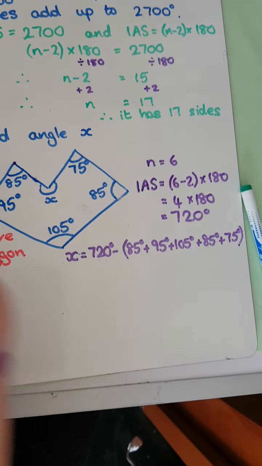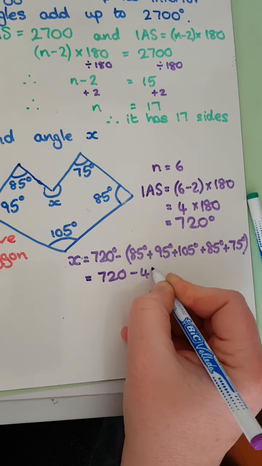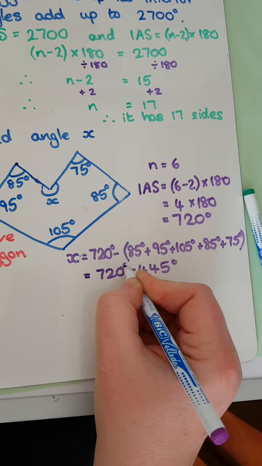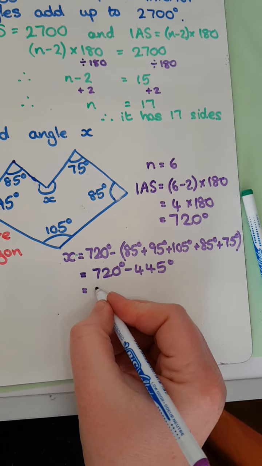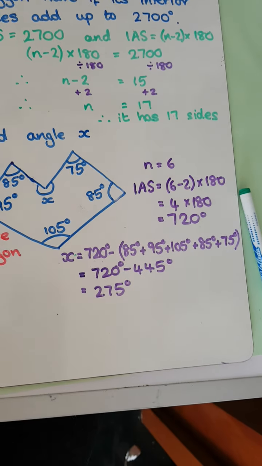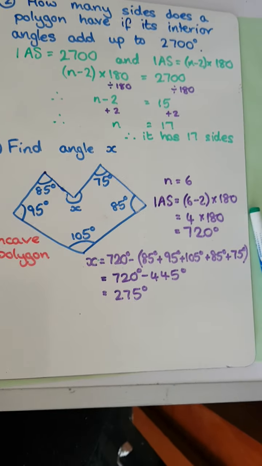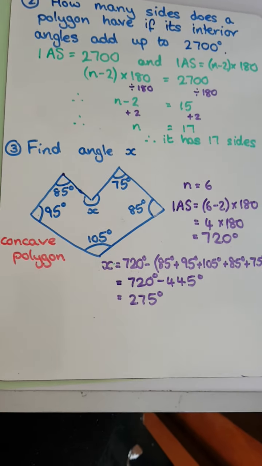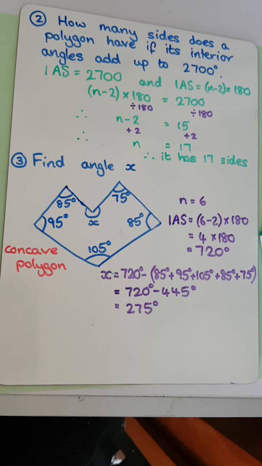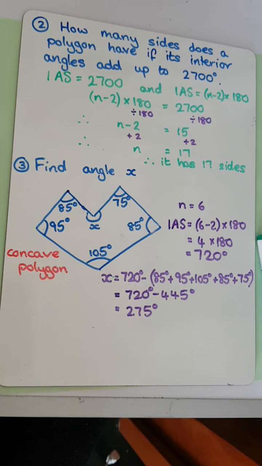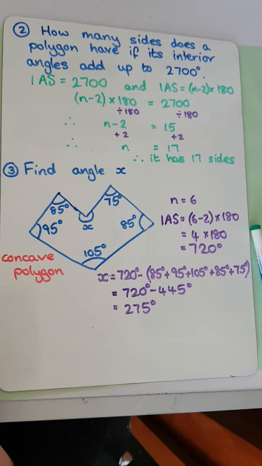That gives me 445, so I've got 720 take away 445, which gives me 275 degrees, which is realistically what I would probably expect because it's clearly a reflex angle. Although you cannot assume that any diagram is drawn to scale. Be careful about how you set your work out. Make sure that things are labelled and that it is clear what it is you are doing.